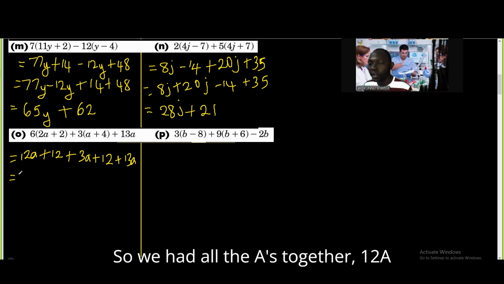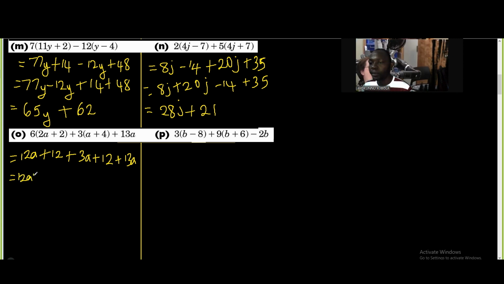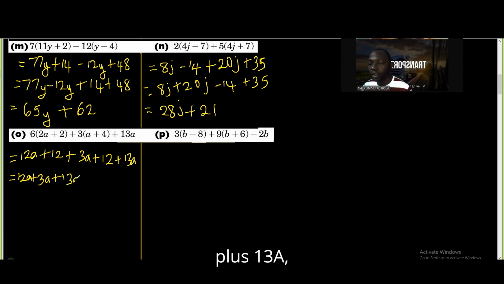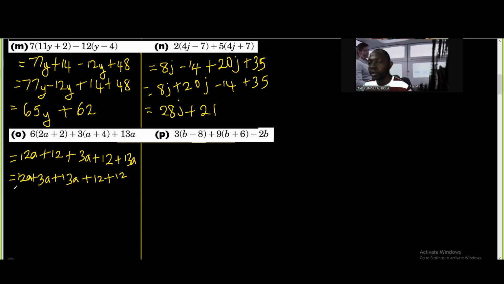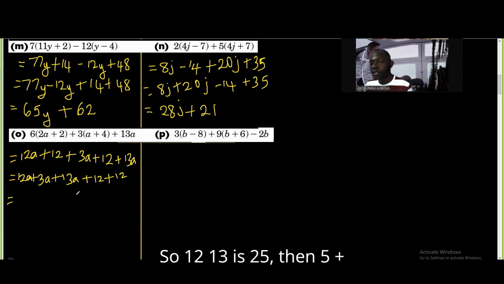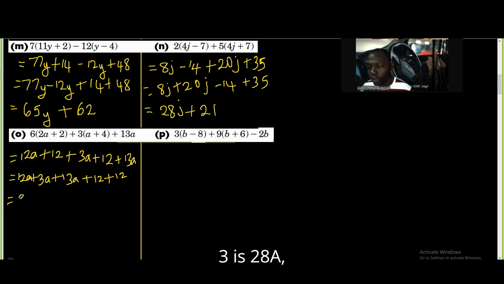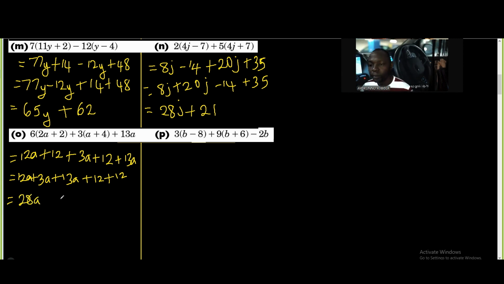So we add all the a's together, 12a plus 3a plus 13a, then plus 12 plus 12. So 12 plus 13 is 25, then plus 3 is 28a, then plus 24.